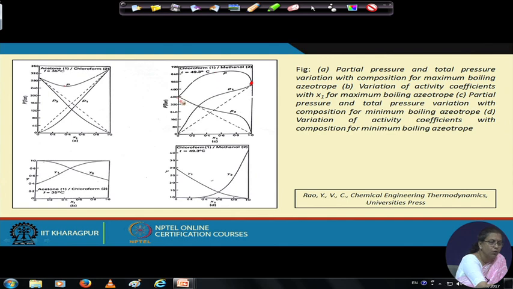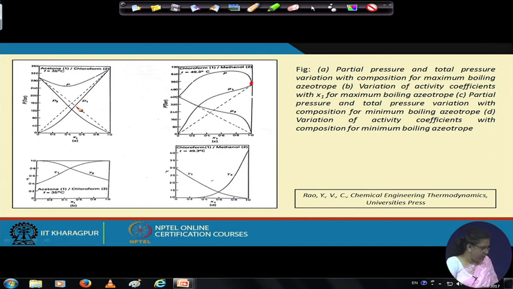So, therefore, for positive deviation of Raoult's law, what do we get? We get a minimum boiling mixture. In the same way, for negative deviation of Raoult's law, we will find that the boiling point of the solution at the point of minimum pressure will be higher as compared to the boiling point of the pure components. So, therefore, we are going to get a maximum boiling azeotrope under this particular condition, fine.